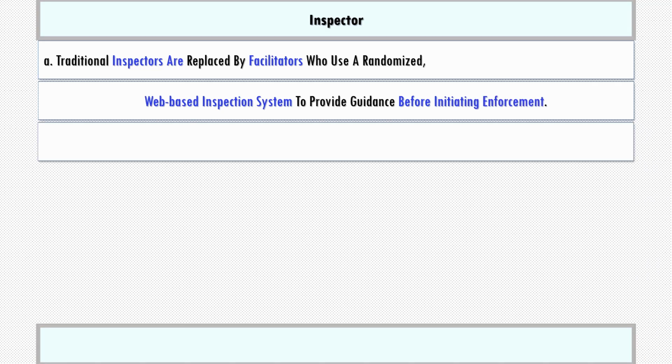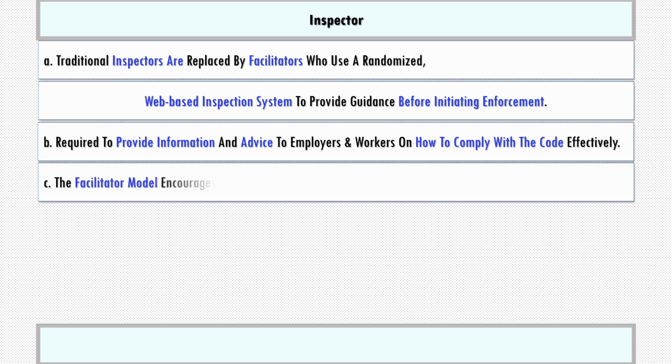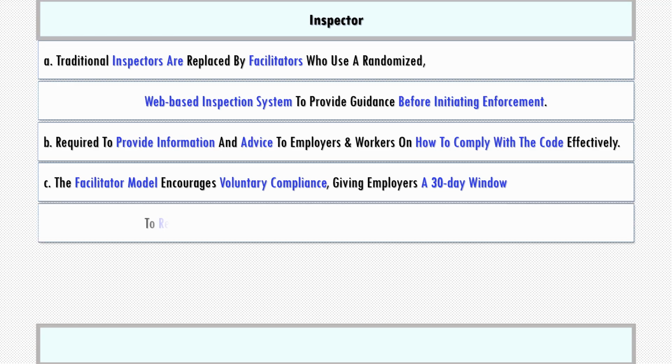Inspectors are now required to provide information and advice to employers and workers on how to comply with the code very effectively. The facilitator model encourages voluntary compliance, giving employers a 30-day window to rectify non-compliance before any legal action is initiated.